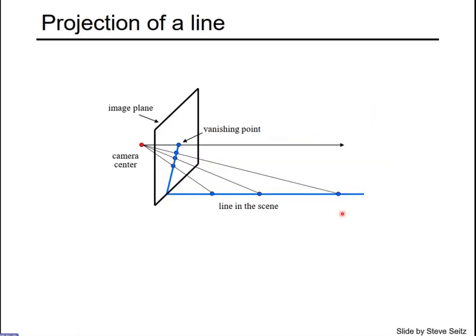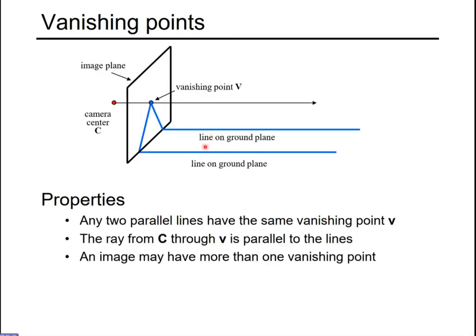If you have a line in the 3D world and you project those points into an image plane, then that line in the image plane will gradually go to a vanishing point. So if you have 2 parallel lines, they will converge to the same point. So this is the vanishing point.